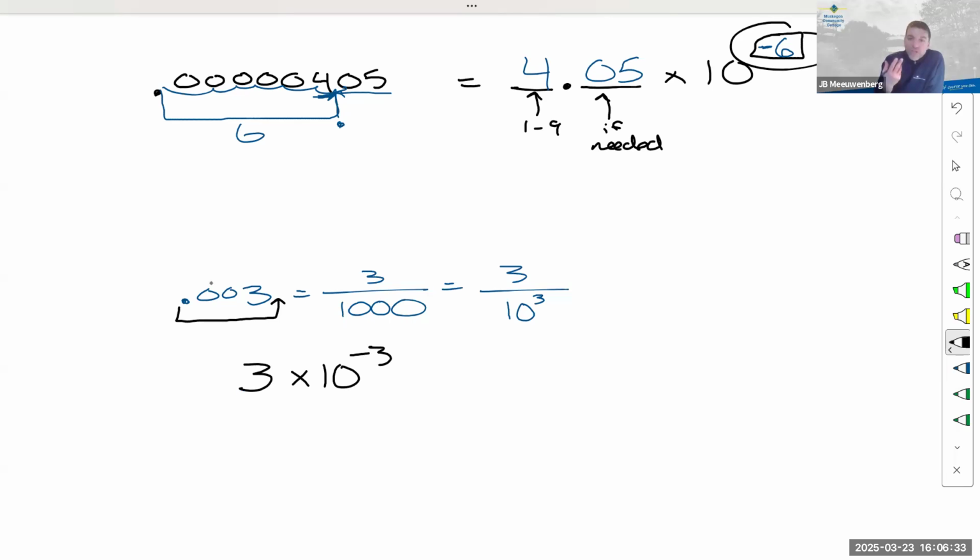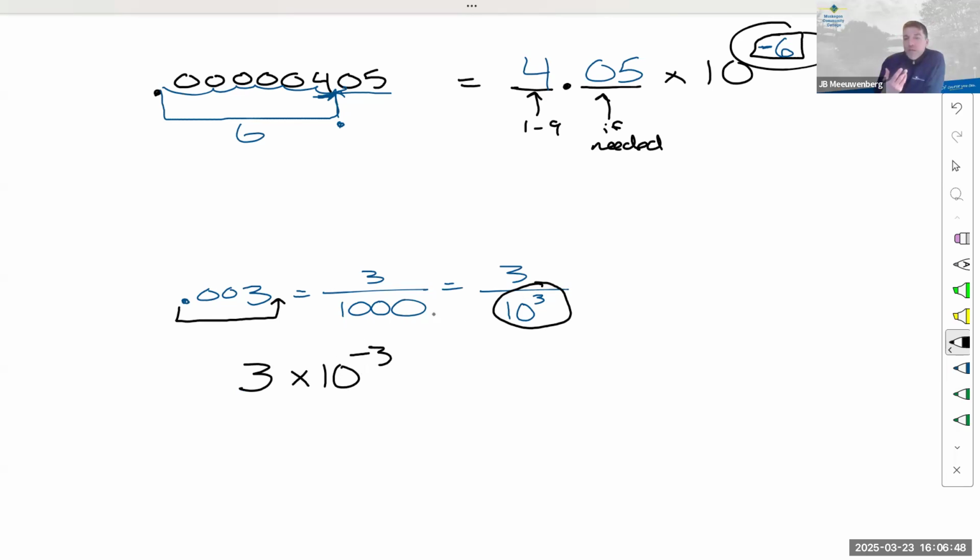When you start with a really small decimal, and we're moving that decimal to the right. And notice the different ways in which I approach this problem. Here, we see that we've got this 10 to the third on the bottom, and here we write it as 10 to the negative third.